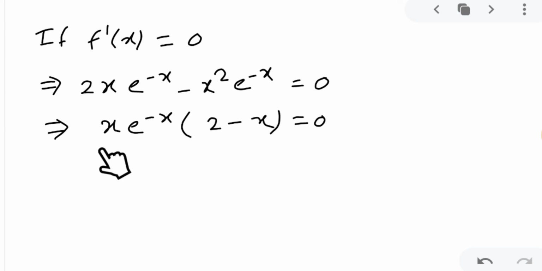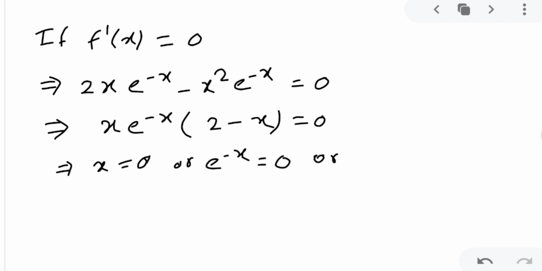So what value I will get? First I can equate this x as 0. So first value I will get x is equal to 0, or this e to the power minus x can be 0 also. So I will write or e to the power minus x is equal to 0, or this can be also 0, 2 minus x is 0.